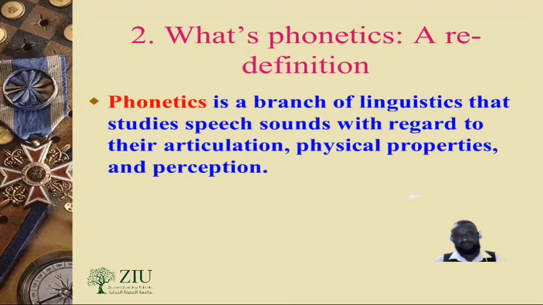When we utter a word or a sentence, there are a lot of sounds, and how they are produced by our mouth and organs is the articulation, according to manner of articulation and place of articulation, and physical properties. Then the perception is related to the listener, how the listener understood it.